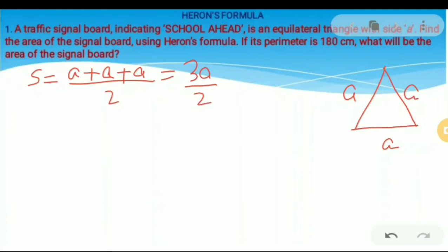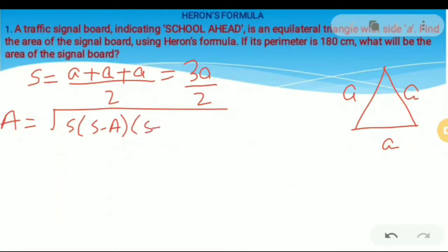Now let me apply the formula for area. The area formula is under root s(s minus a)(s minus b)(s minus c), where a, b and c are denoted by the sides, and here all the sides are a only.